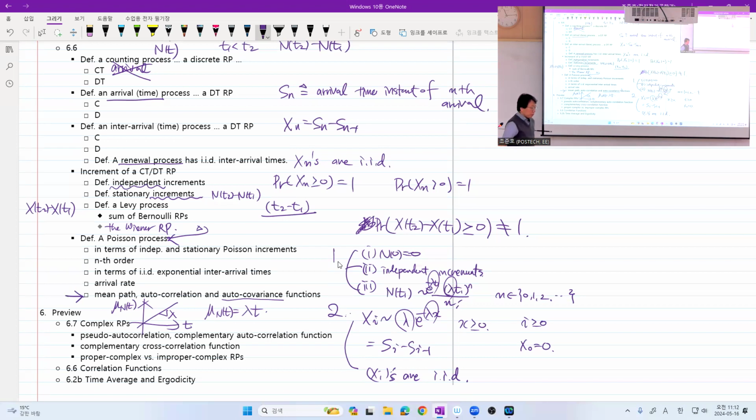So what's the trouble? This is not wide-sense stationary because you don't have constant mean. And also, even after you subtract this mean path, still you don't have wide-sense stationarity. So it's not covariance stationary. It is not wide-sense stationary. It is not covariance stationary.